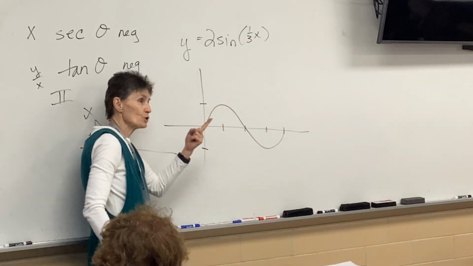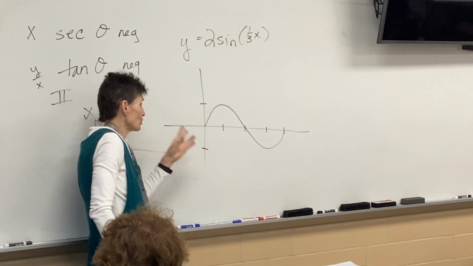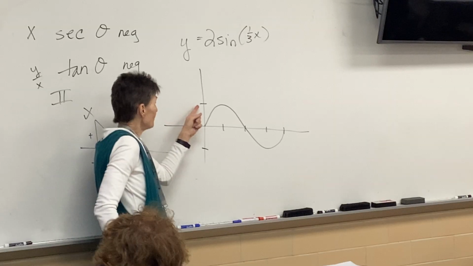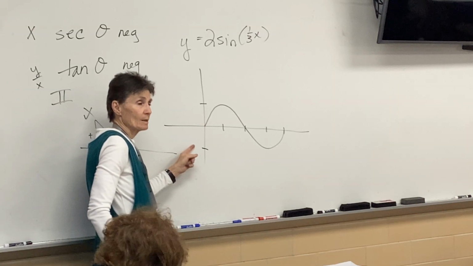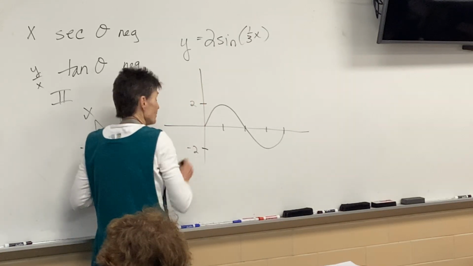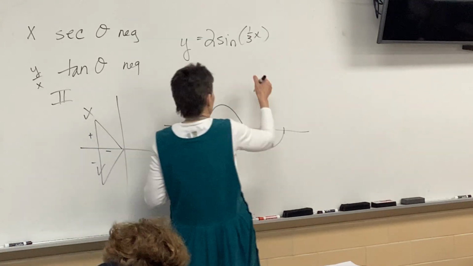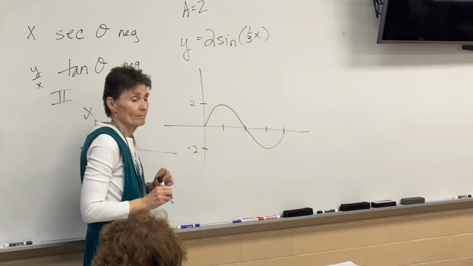You get credit for the shape. You get credit for the labels. So the shape's up here. Now I need the labels. These are normally 1 and -1. But this time they're going to be 2 and -2, which means the amplitude is 2.